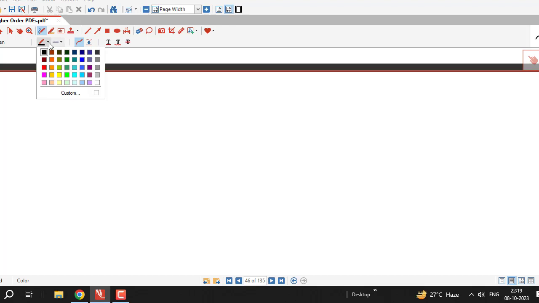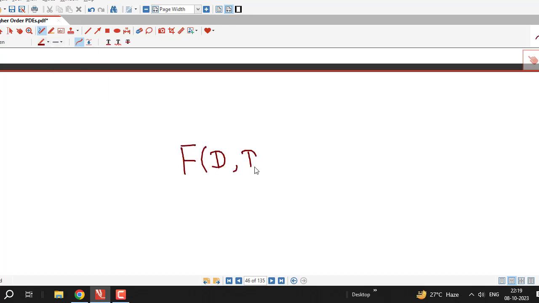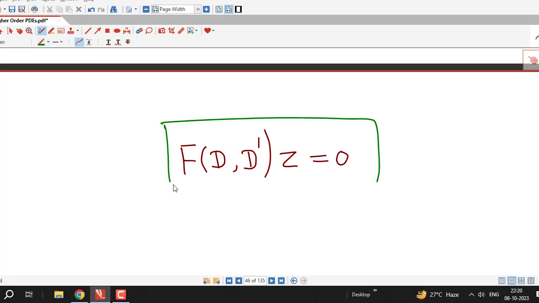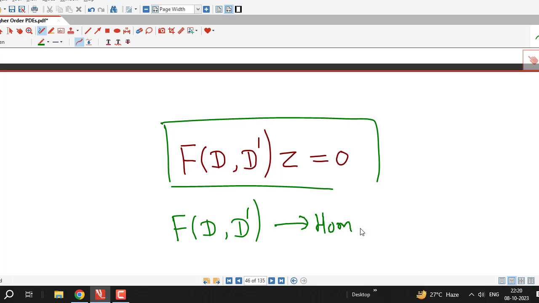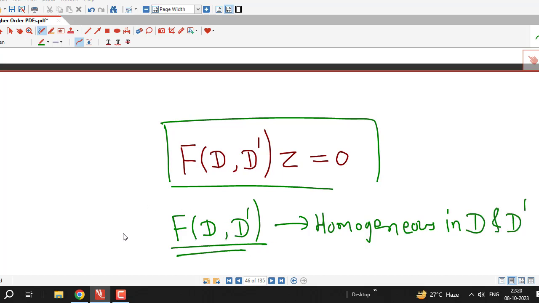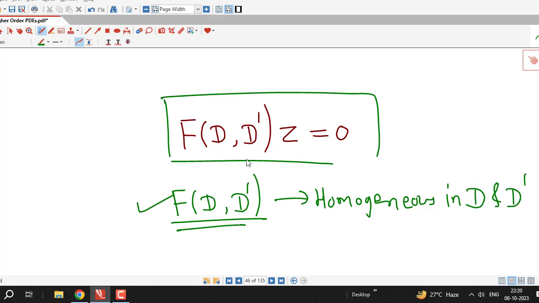So in this way we can easily solve homogeneous linear partial differential equations with constant coefficients. We have seen two types of differential equations which we can write in this form. In one type we have seen that F(D, D') itself is a homogeneous function of D and D'. If F(D, D') is homogeneous in D and D', then we have seen the method for solving this type of equation.